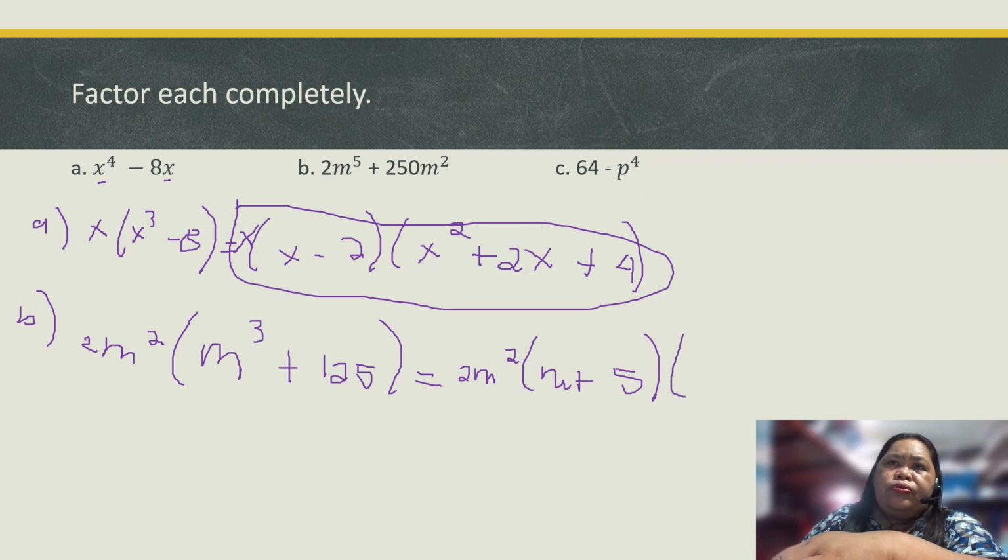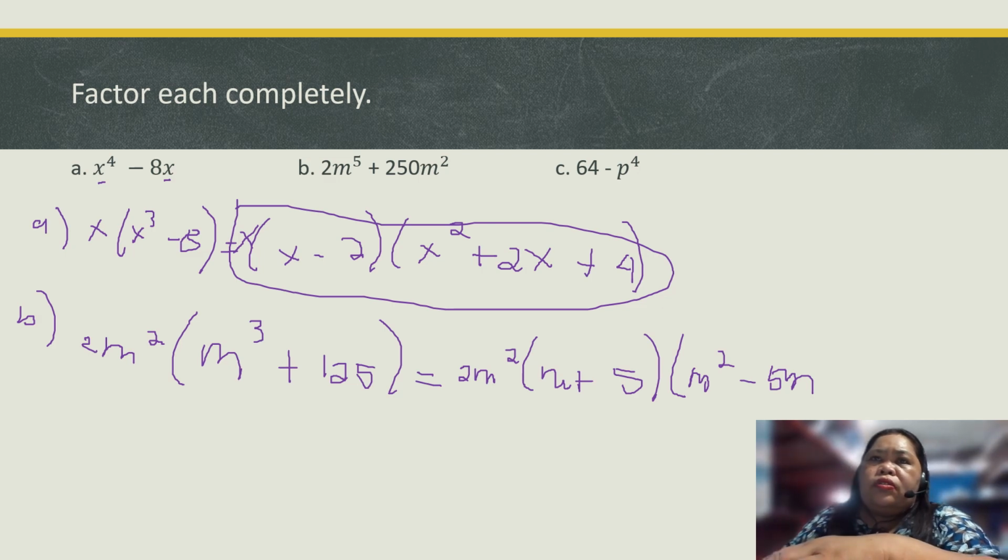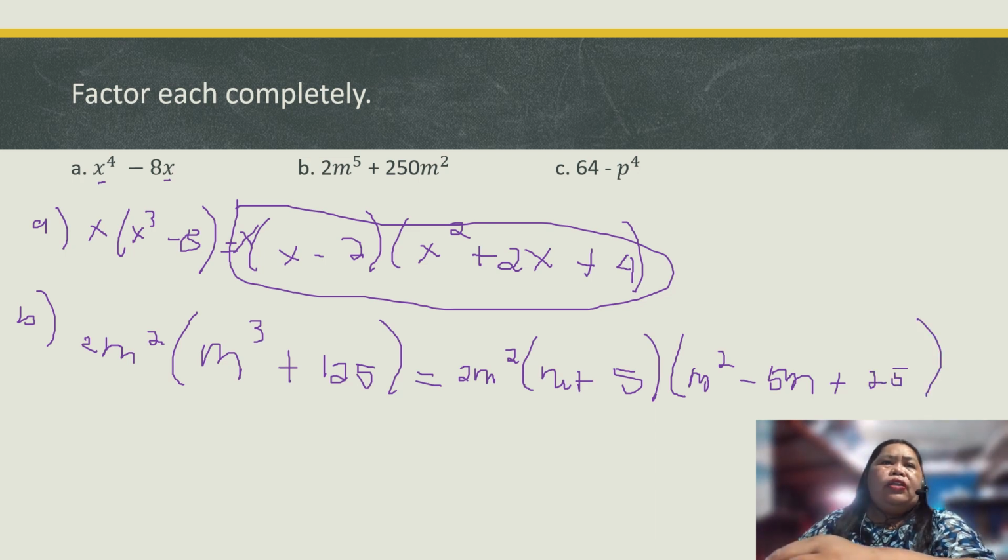Then square the first, so we have m squared minus 5m plus 25, because 5 times 5 is 25. That's the final answer.